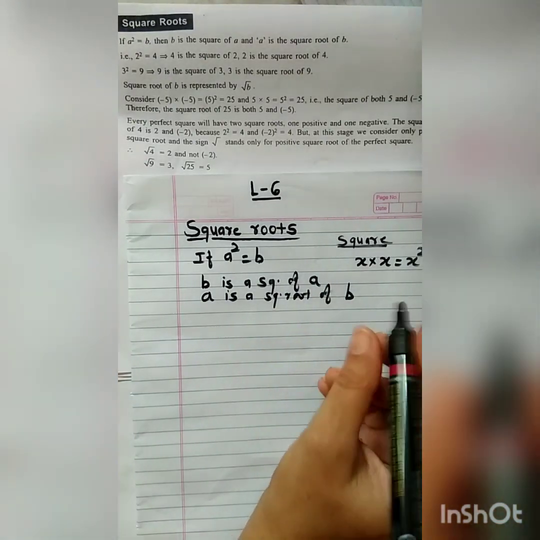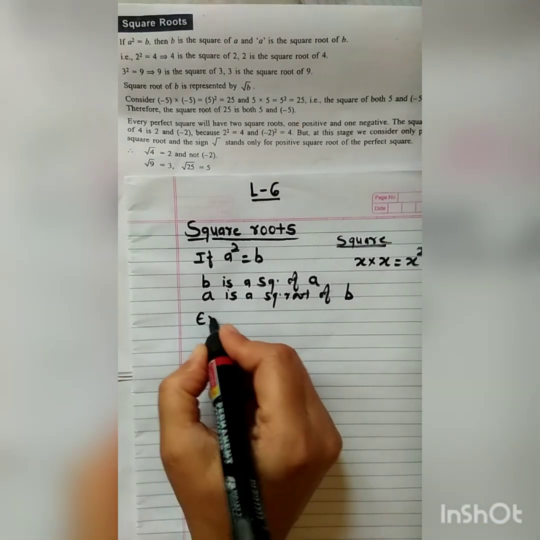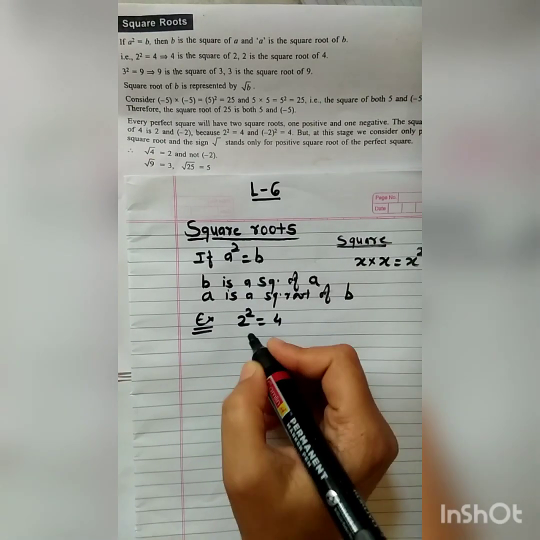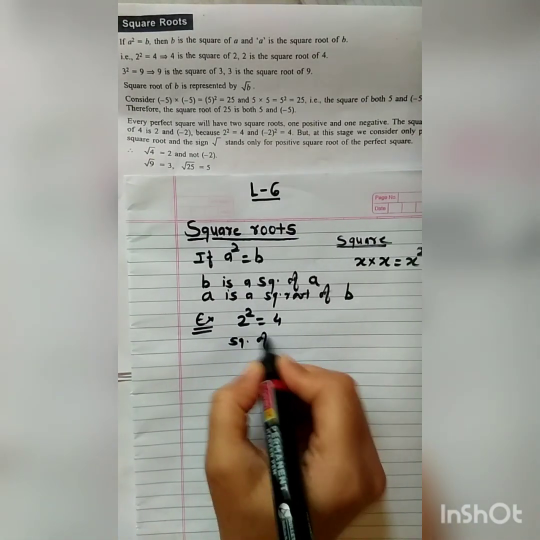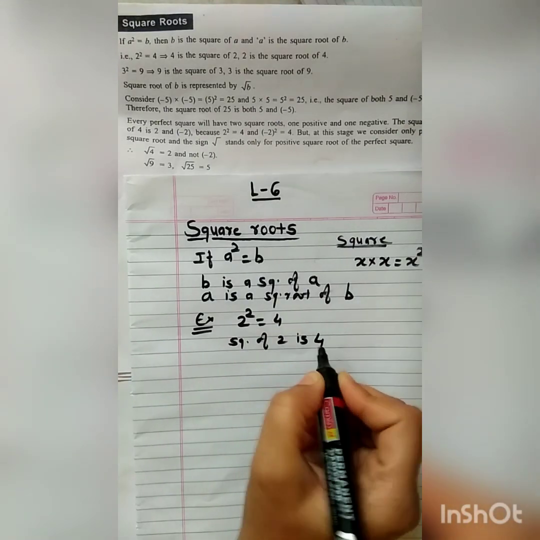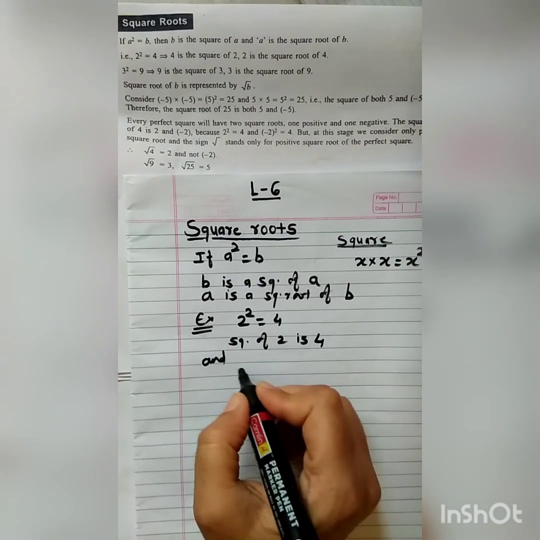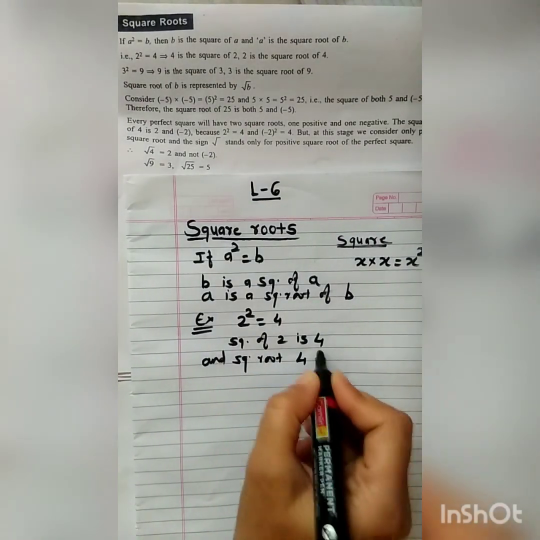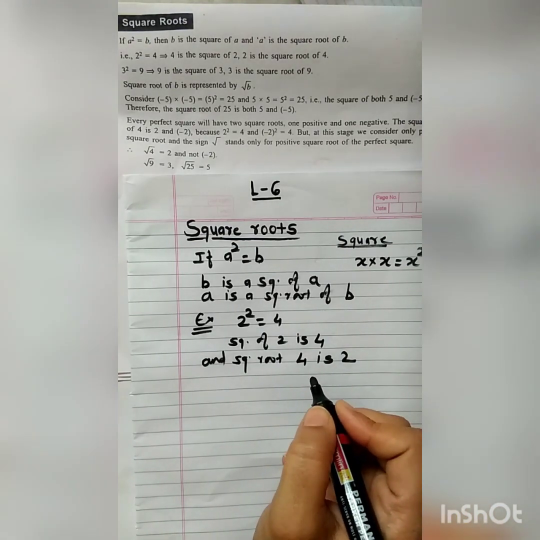We can clear it by an example: 2 square is equal to 4. It means square of 2 is 4. And in another way, I can say that the square root of 4 is 2. Square root of 4 is 2.